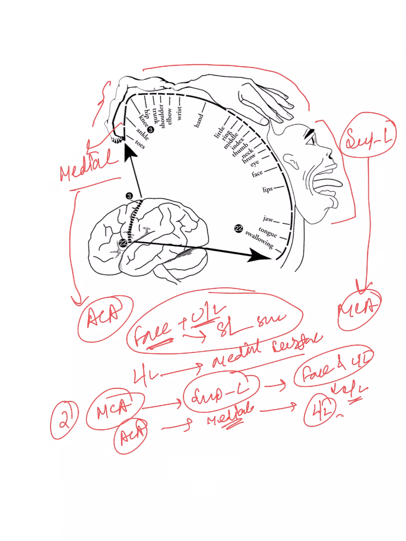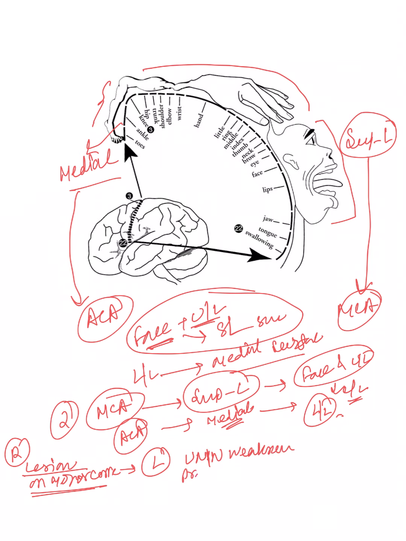So now in conclusion we can say that if there is a lesion on the motor cortex, suppose a right-sided lesion on the motor cortex, there will be a left-sided UMN type of weakness predominantly affecting the face and upper limb. Okay, so that's it.